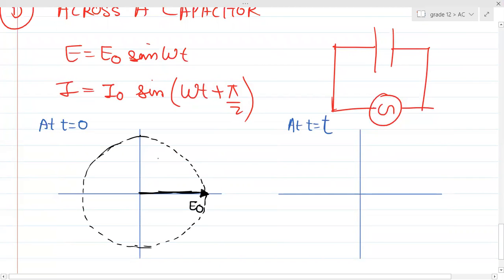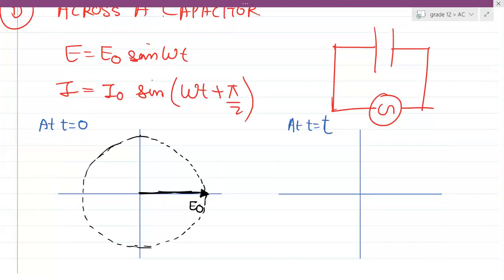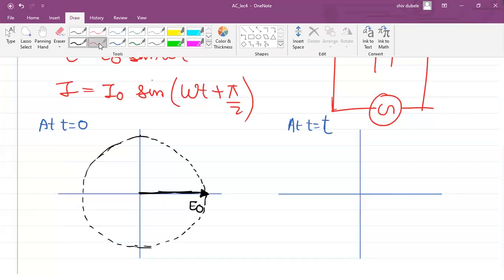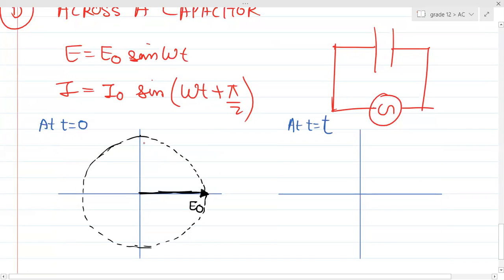With the mind's eye, you will exactly see a circle over here. Where exactly will I naught lie? On the positive y-axis. So this is the phasor of I naught, and I naught will rotate in this circle.